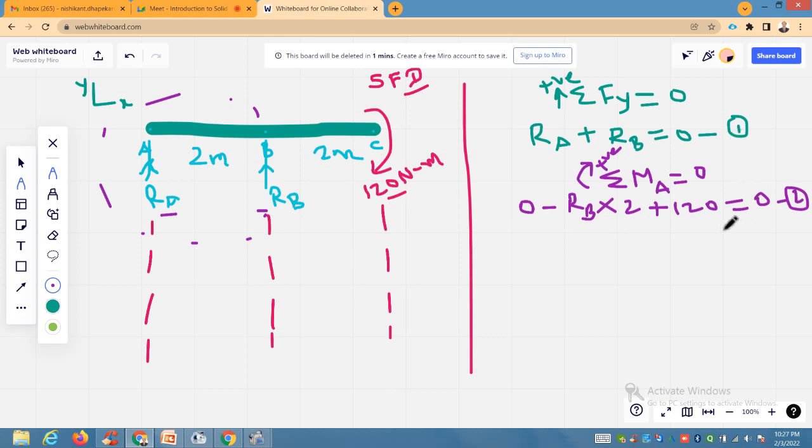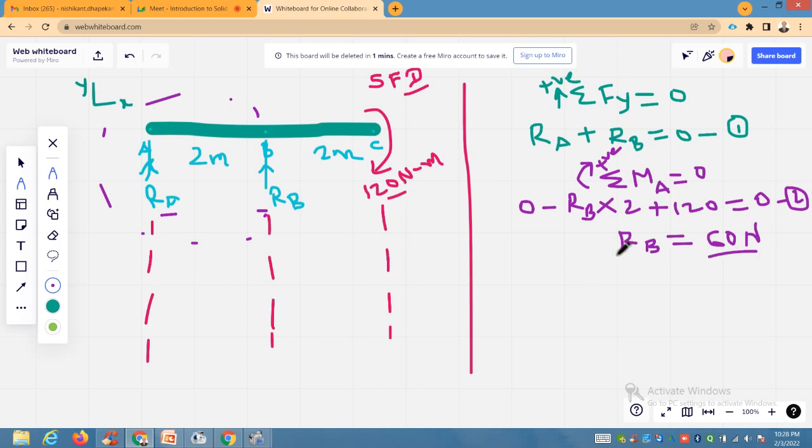So there are 2 equations and 2 unknowns, RA and RB. So solvable. So RB equals, you take minus 2RB to the right hand side, so it will be plus 2RB. So RB you will get 60. As we are following the units Newton, it will be 60 newtons.